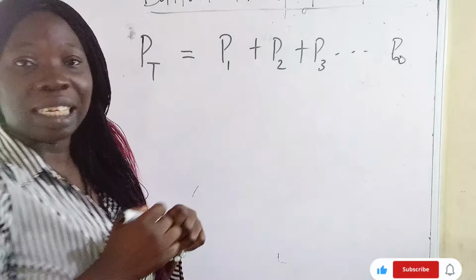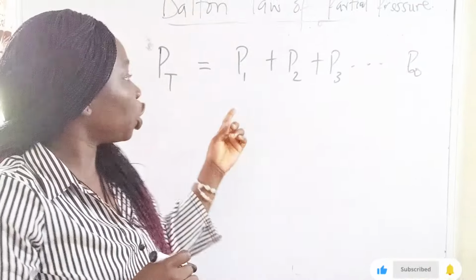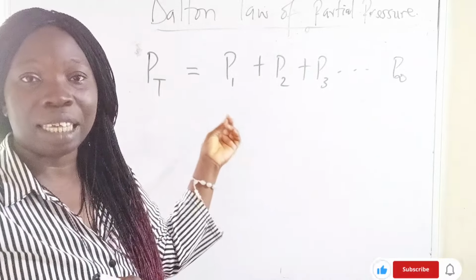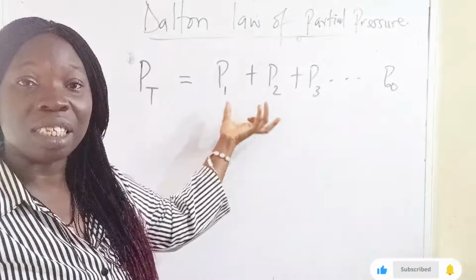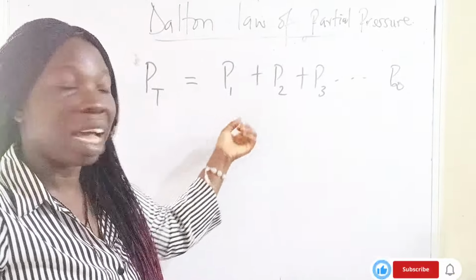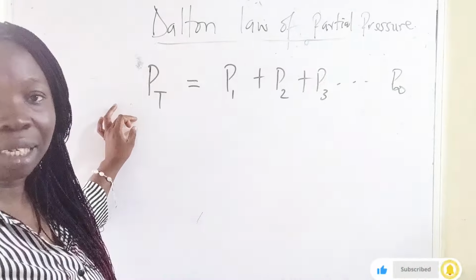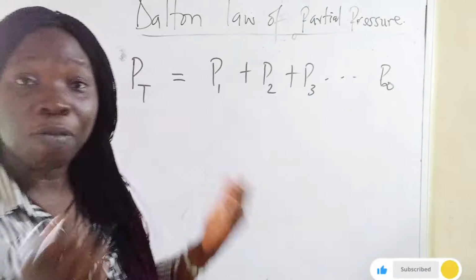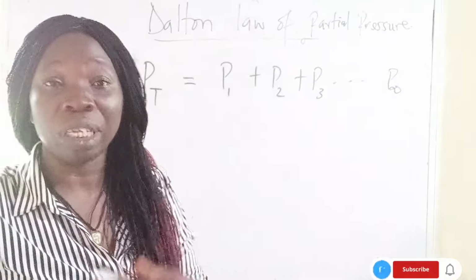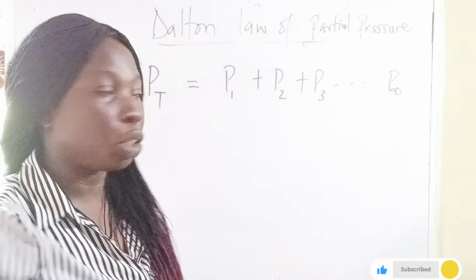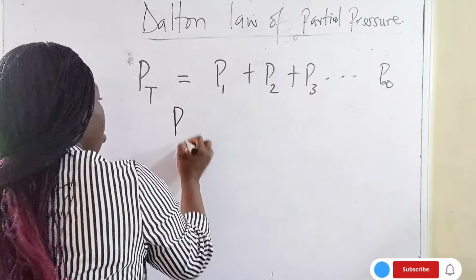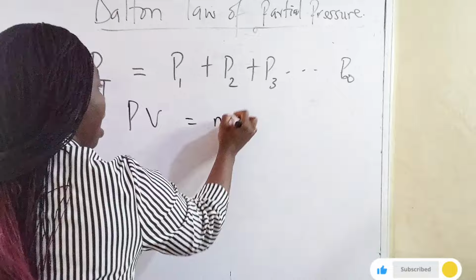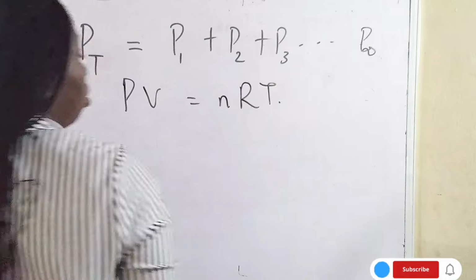If we have three gases in the container, each of the gases exerts a pressure, and the sum of the pressure exerted by each of the gases will give us PT. So the gases can go to infinity. It therefore means that we will now introduce our ideal gas equation, which is PV equals nRT.